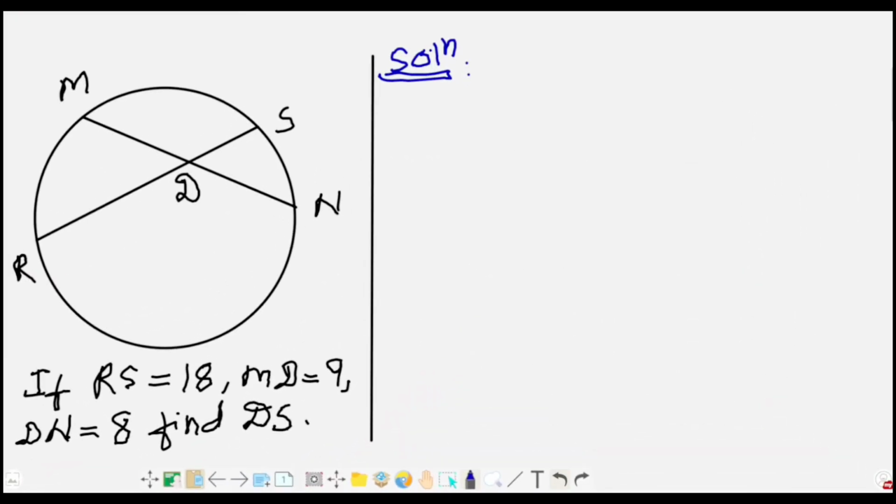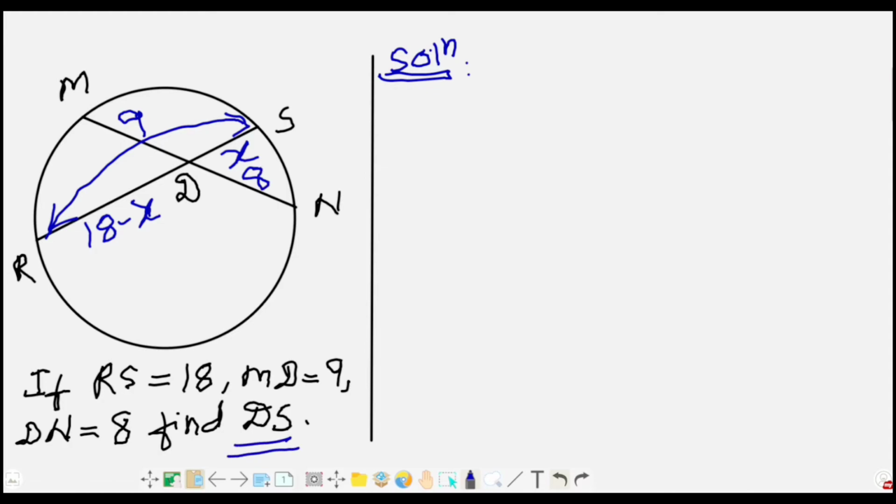Now same sum, but the measurements are different. Now RS full is given 18. So if this part I am considering X, this will be 18 minus X. Now MD is given 9. DN is given 8. You are asked to find DS.